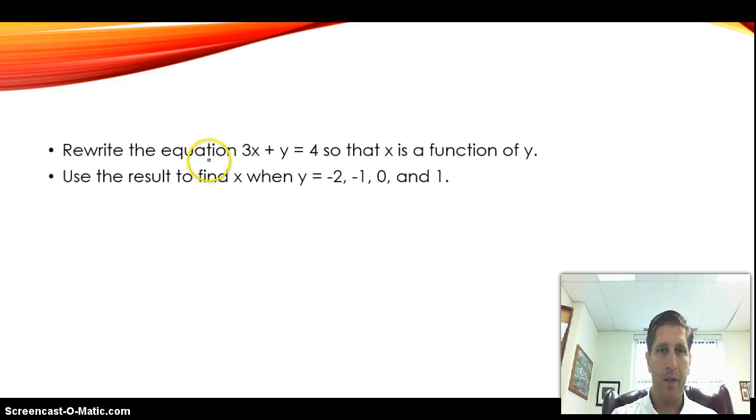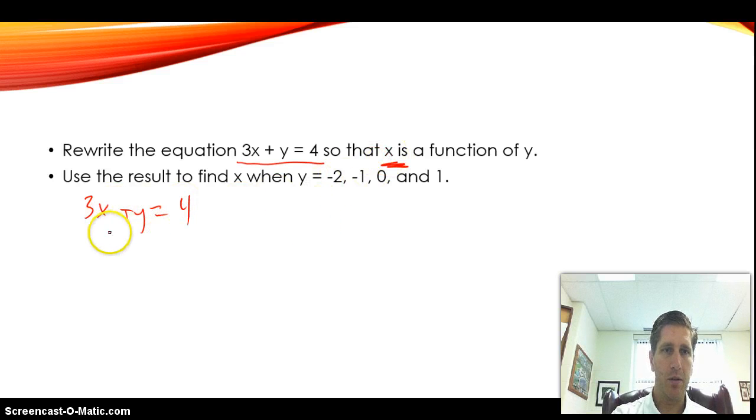So rewrite the equation 3x plus y equals 4 so that x is a function of y. So x, we're trying to get x alone now. So 3x plus y equals 4.